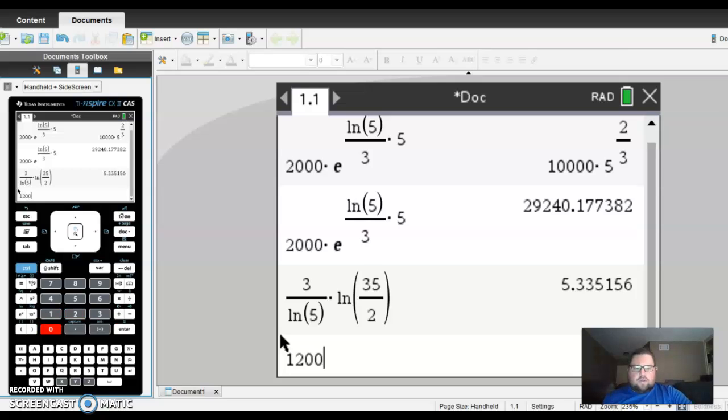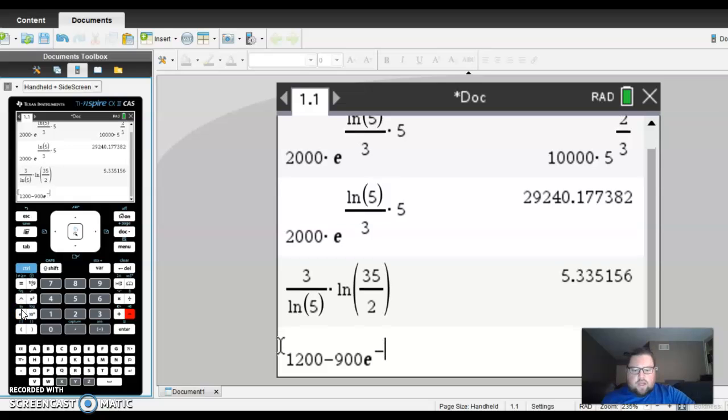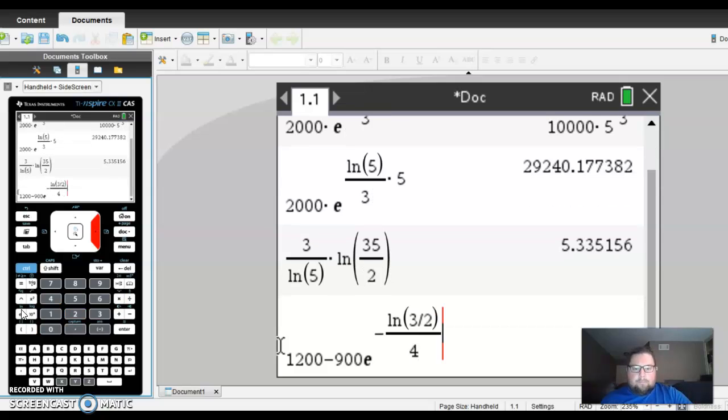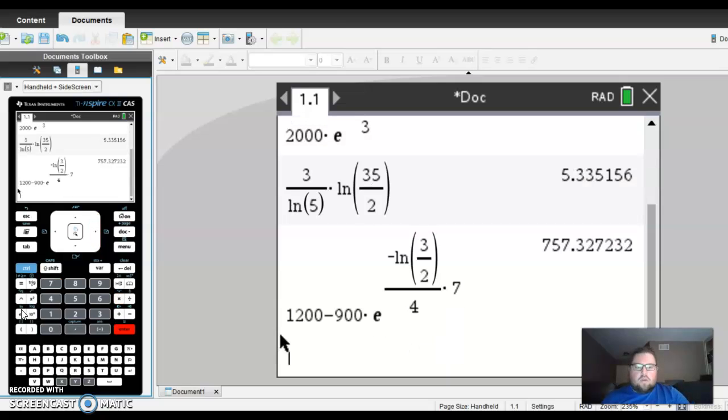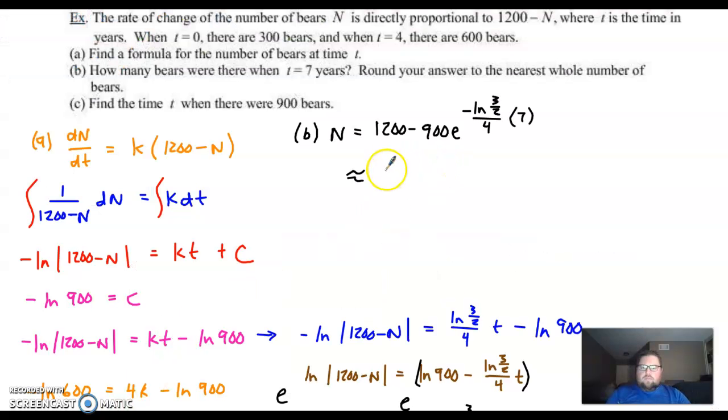All right, 1200 minus 900 e to the negative natural log 3/2 over 4 times 7. All right, looks like we have 757.